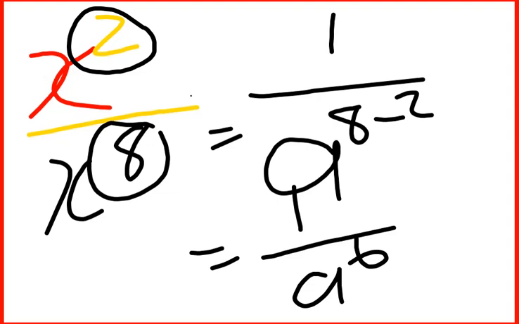Now, I just want to prove or elaborate why we say when it's bigger. So now let's put values so that I can prove it to you, or we can keep it as a or x. Let's say we have x to the power of 3 over x to the power of 8. If we expand this, we get x times x times x, and if you don't know, the dot represents a multiplication.